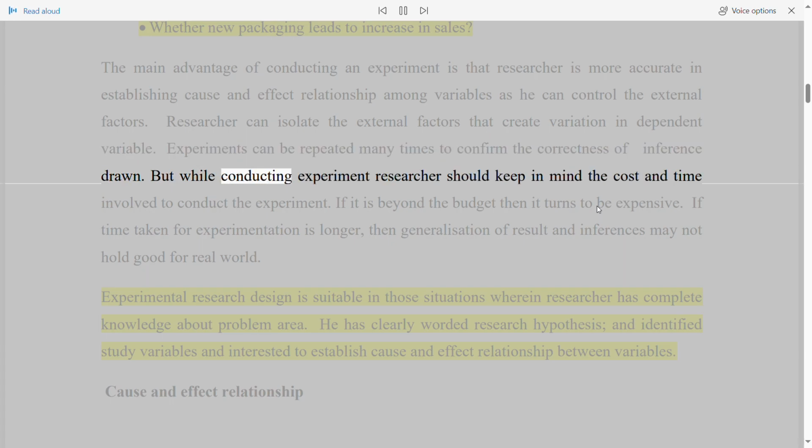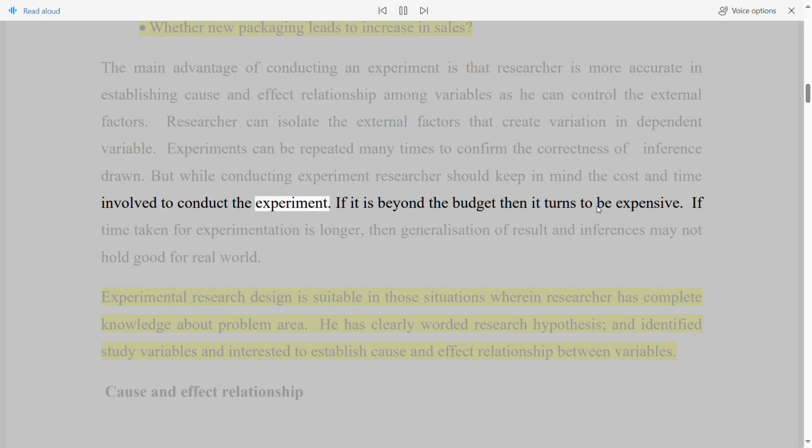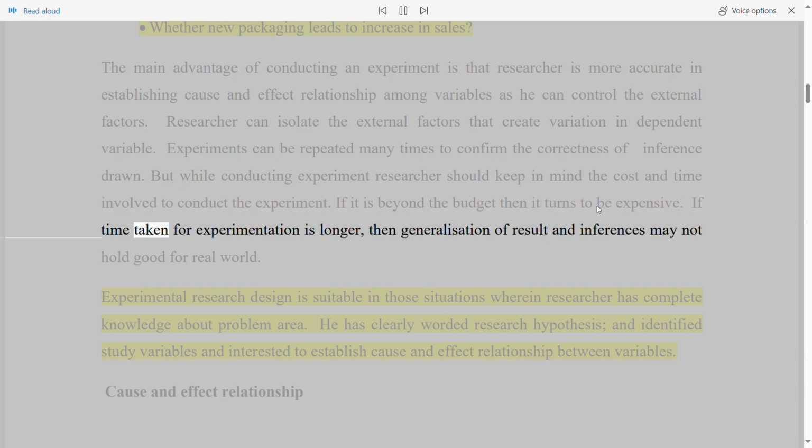But while conducting an experiment, the researcher should keep in mind the cost and time involved. If it is beyond the budget, then it turns out to be expensive. If the time taken for experimentation is longer, then generalization of results and inferences may not hold good for the real world.